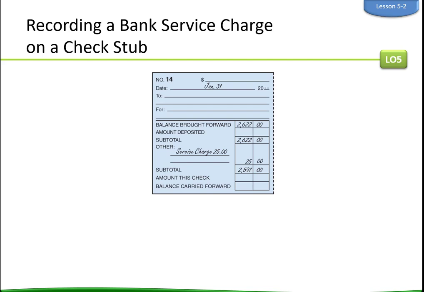And then when we record the bank service charge on the stub, you're going to leave everything else blank. We're not going to fill in anything because we have not written the check. But we're going to put the balance brought forward, which was our previous check stub balance, and subtotal it because we're not adding a deposit, then service charge and the amount, and subtract.